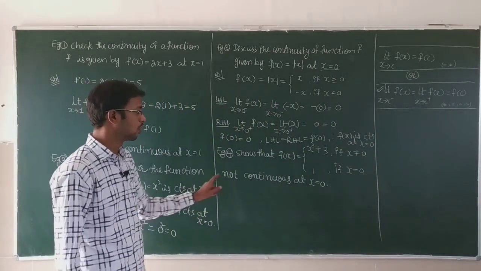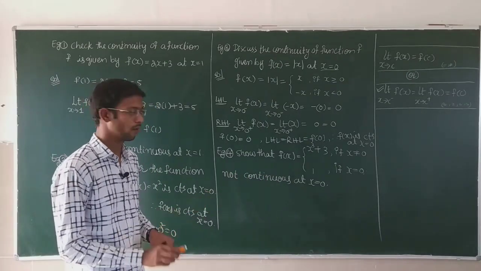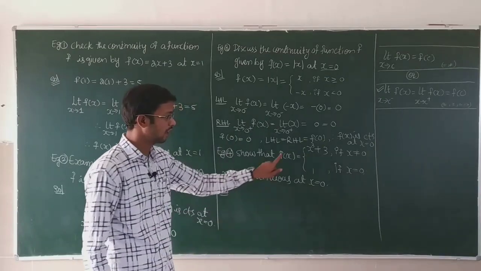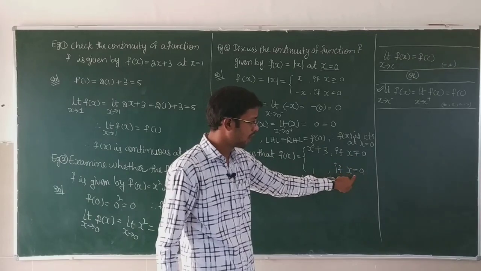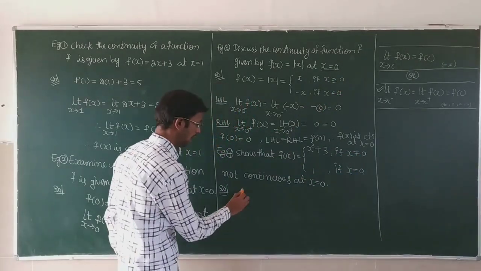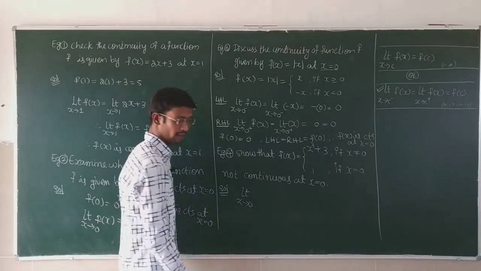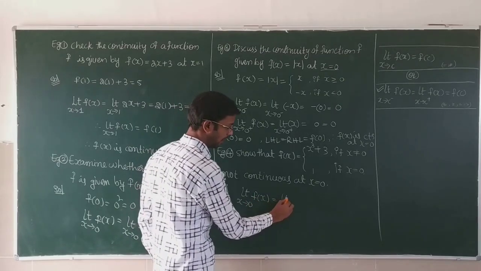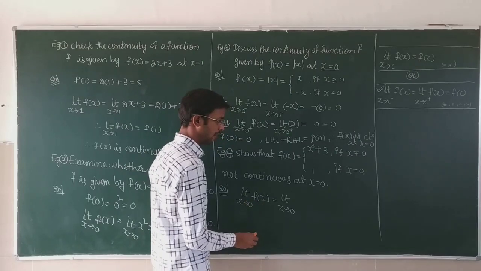Next, show that this function is discontinuous at x is equal to 0. There are two pieces here, but in the question you observe equal and not equal are there. So the first concept only I use here. Limit x tends to 0 of f of x. What is the f of x value?